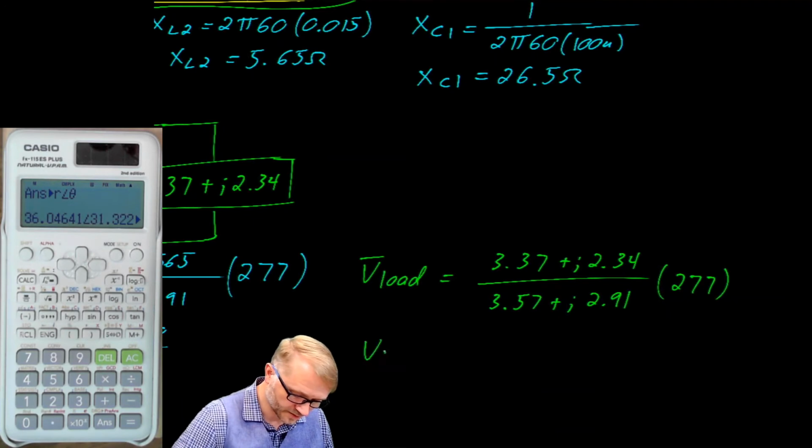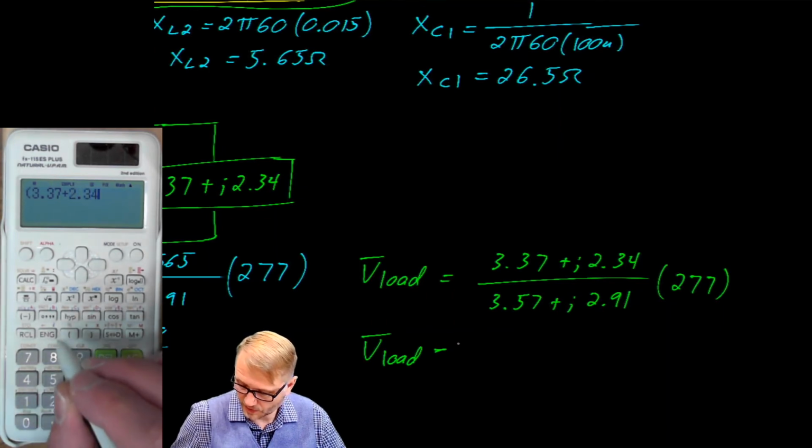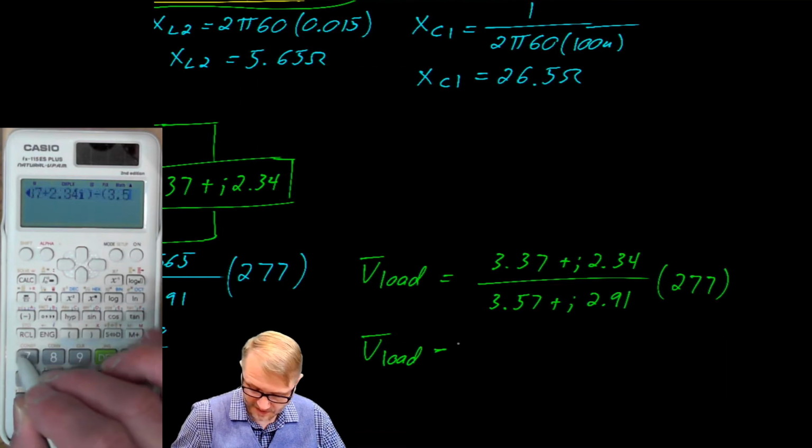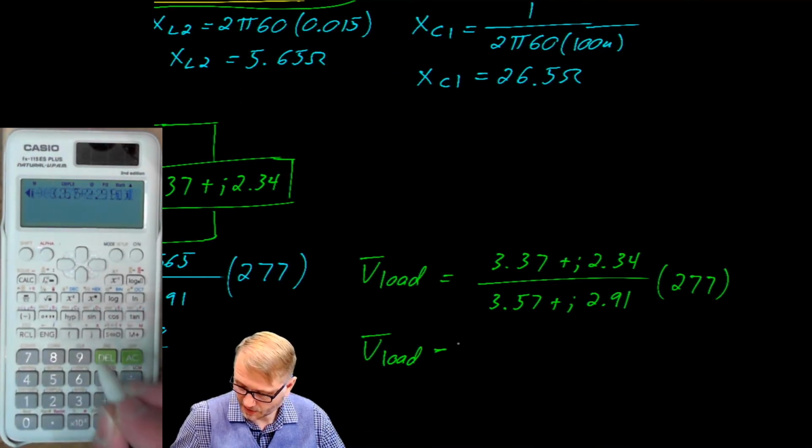So the load voltage is (3.37 + 2.34j) divided by (3.57 + 2.91j), all multiplied by 277.